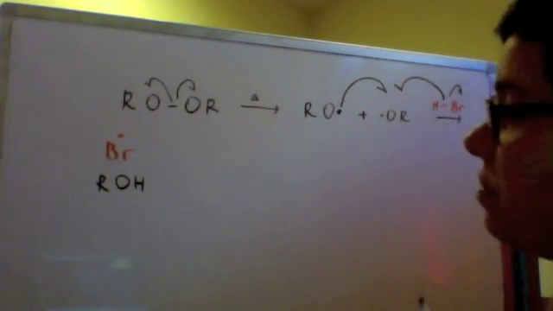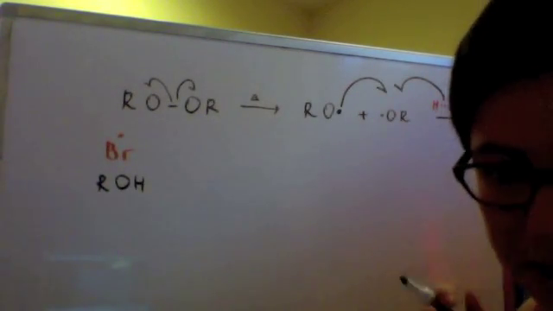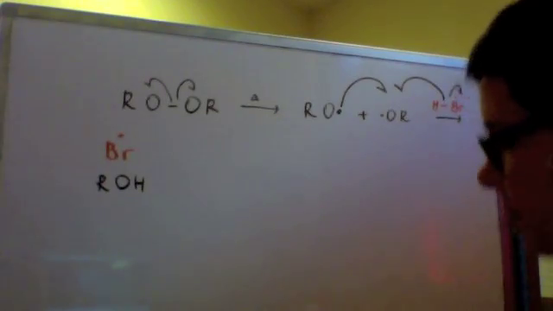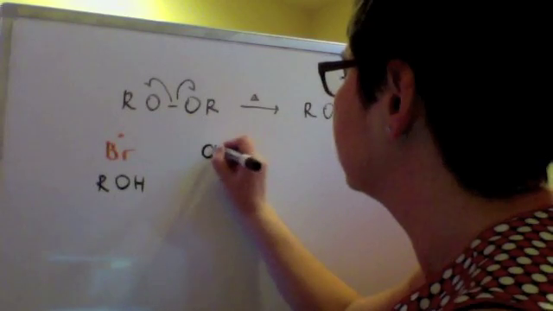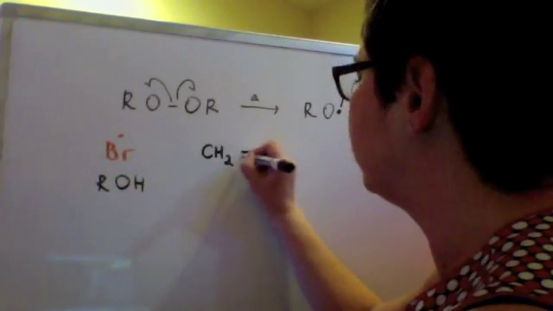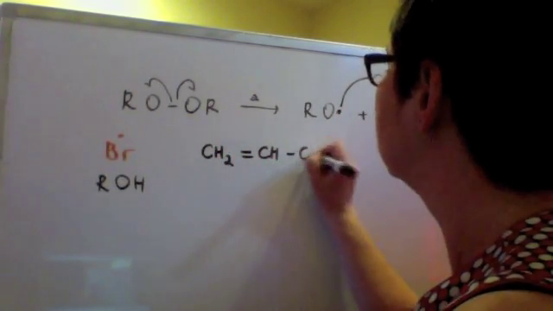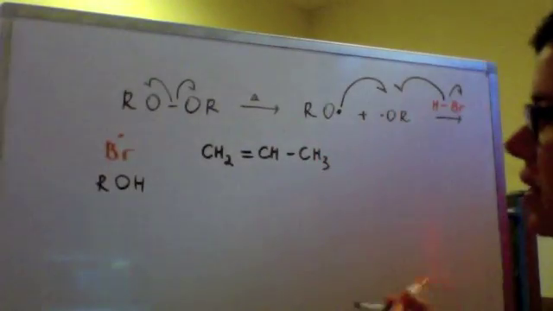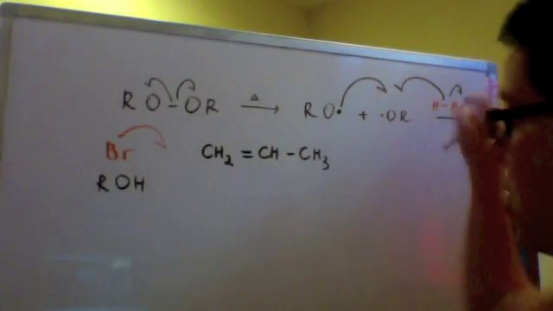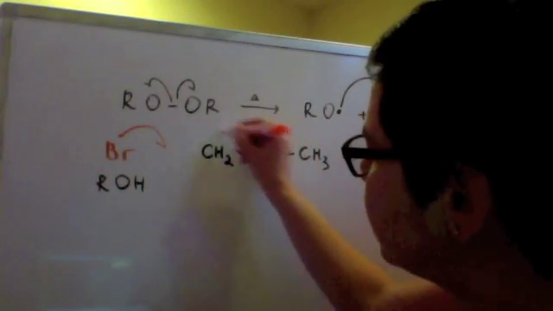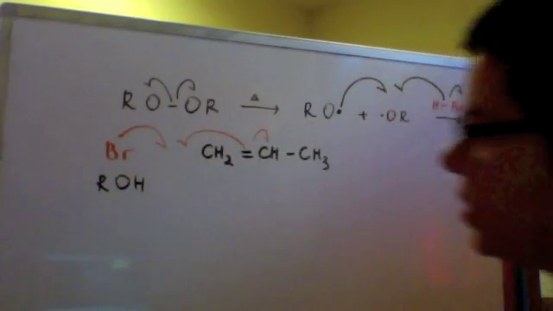So now the Br radical, the bromine radical, will add to our alkene. So let me draw the alkene first. Okay, and so now the bromine radical will also add in the same fashion as we observed before. In other words, you're going to form two things.